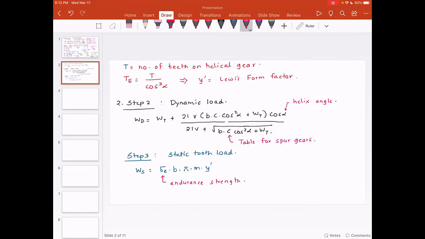So the helix angle for spur gear is 0. What is not 0 is pressure angle. So there is a difference between the helix angle and the pressure angle. If you look at the way the spur gears are cut, they are parallel to axis.